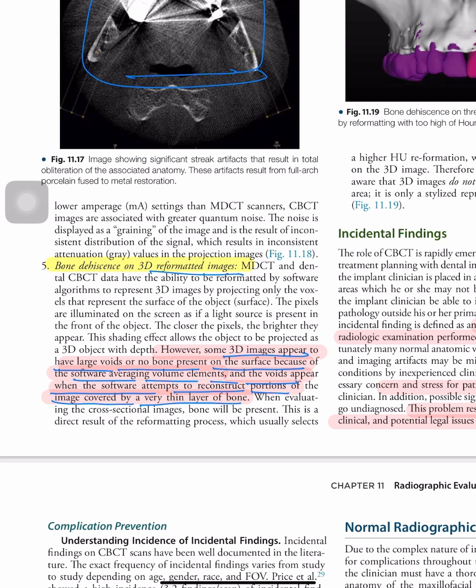You might not be able to see the buccal bone when you are viewing the coronal section. That is the bone dehiscence phenomenon. When you are actually doing the surgery in such cases, you would appreciate, okay, there is bone present, but on the CBCT it looked like a dehiscence, that the bone wasn't present. So it can happen. Slowly you are understanding that although this chapter doesn't seem that significant, how important it could be while planning.